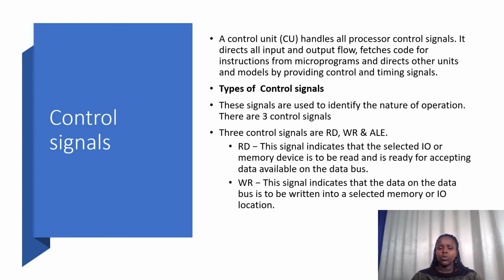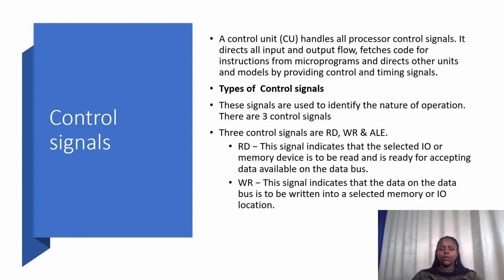The control unit provides the control and timing signals to show which part of the instruction, the code or block of code, is needed to execute and perform the operation.